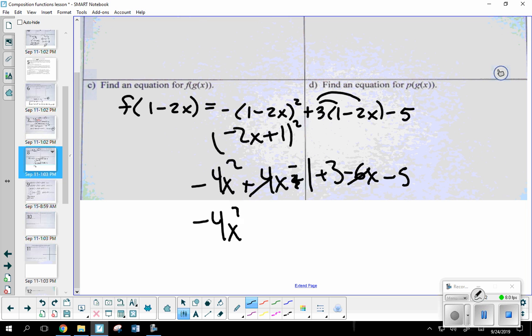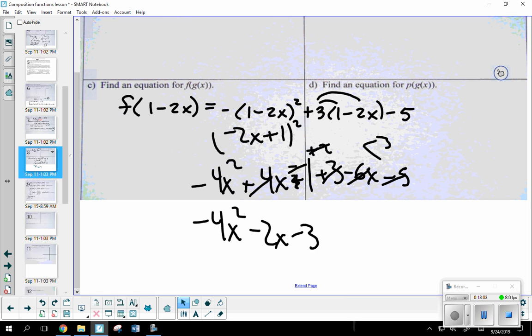So negative 4x squared, minus 2x, and then this would get you plus 2 and minus 3. What do you guys think? All right, looks fantastic. Negative 4x squared minus 2x minus 3. That's all there is to it. Finding the composition equation.